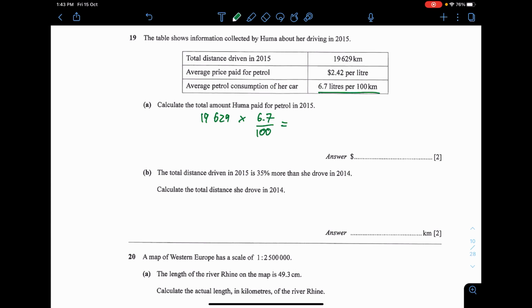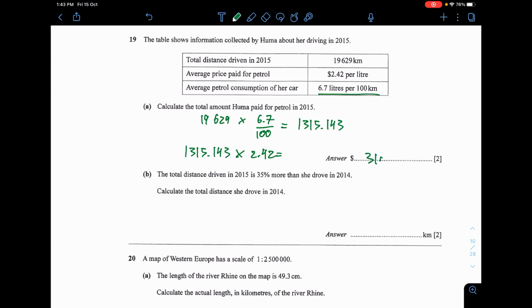Times 6.7 over 100, you get 1,315.143. And in order to find the total money, you take this amount and multiply by the price 2.42. I got 3,182.646. But actually you need to put it into decimal places. This is a money question, so it's 6.5.